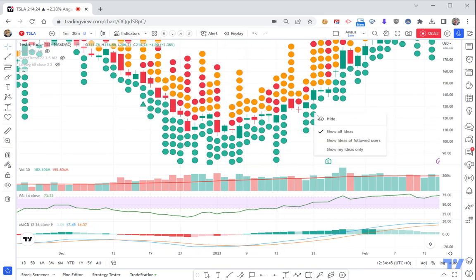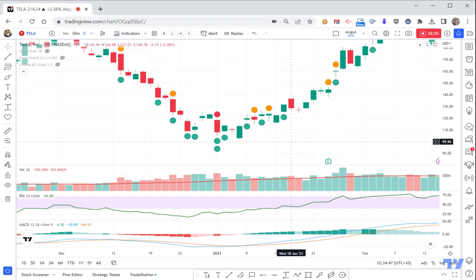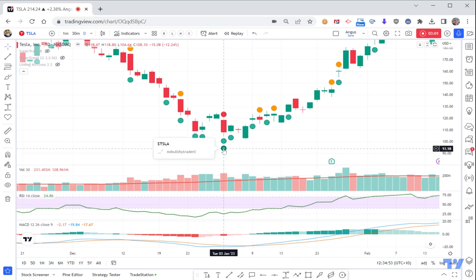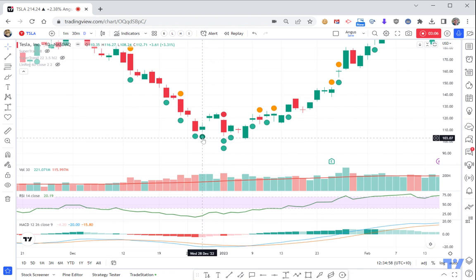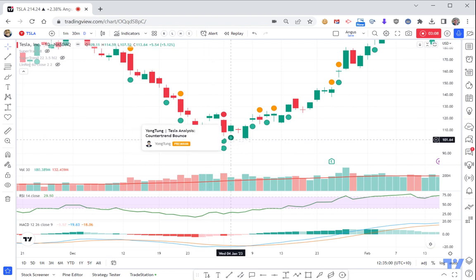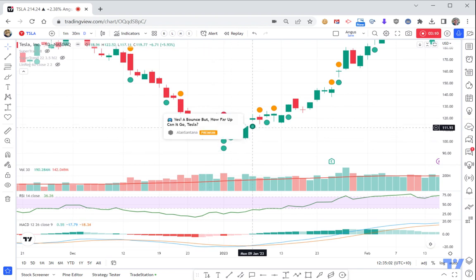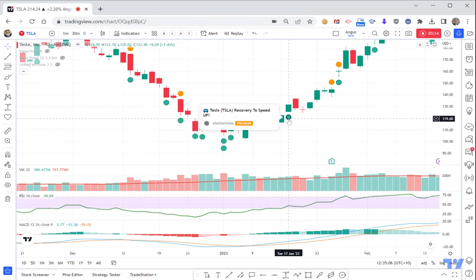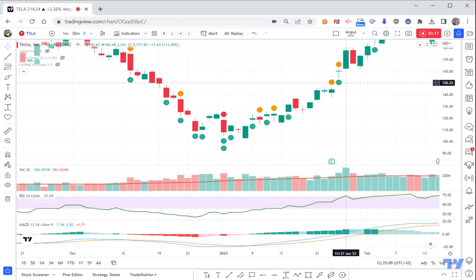If I go back and I right click and I say just show my ideas of followed users, so people I've actually followed, then you can see here, the majority of the people that I follow have been fairly good at calling that bottom. Alan's been posting about it quite frequently as it's been running.